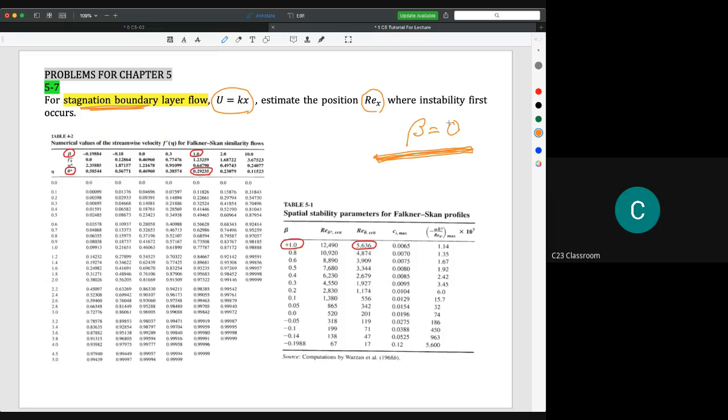And then if it has a wedge like this one, beta will show you certain numbers. And if the flat plate here is in a vertical position like this one, we assume beta is equal to 1. And this situation, this position is also called stagnation boundary layer.